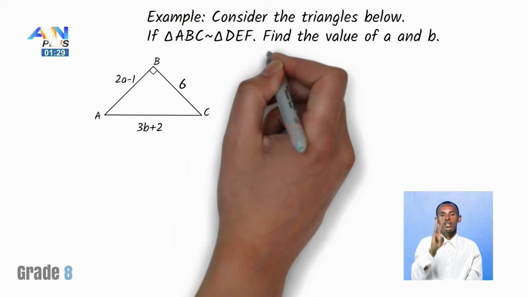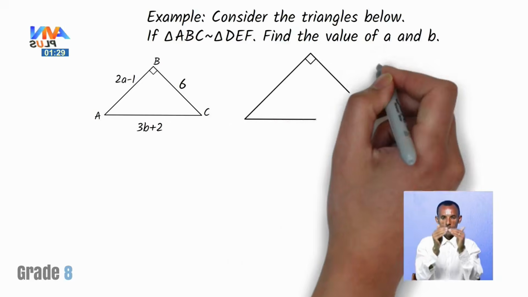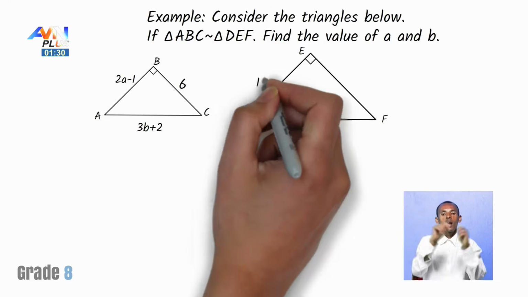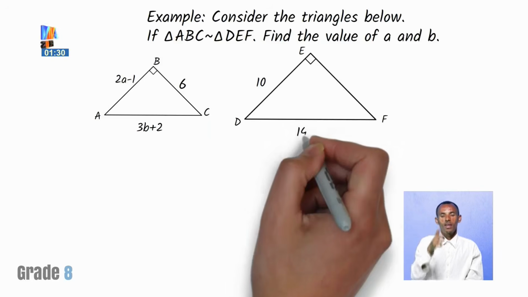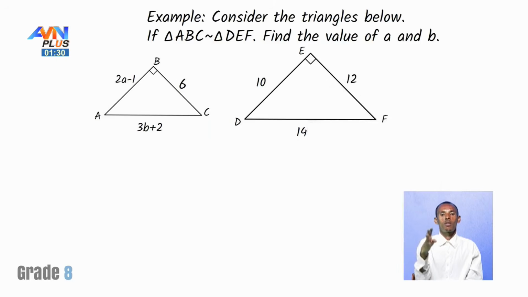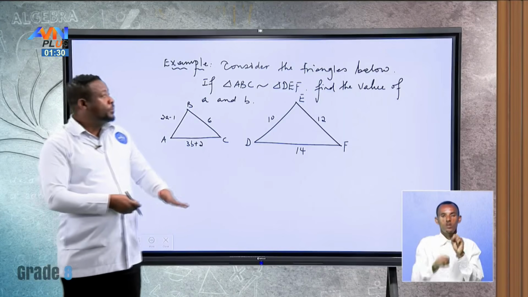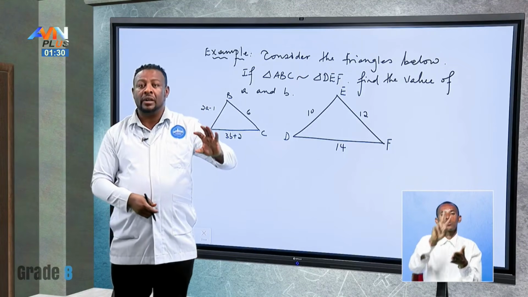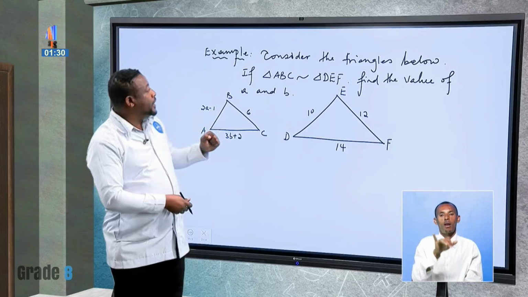Triangle DEF is a triangle with sides 10, 12, and 14.